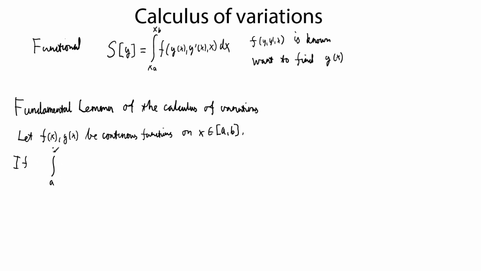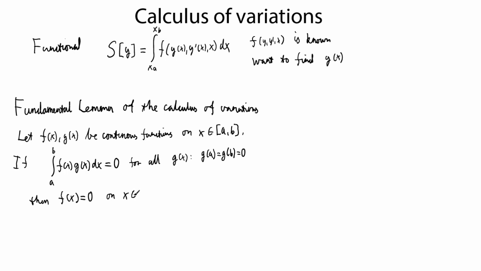If the integral from a to b of f of x times g of x dx equals 0 for all g such that g of a equals g of b equals 0, that is, the function g will vanish on the endpoints (f doesn't have to vanish at the endpoints), if that is true, then f of x is equal to 0 on this interval.